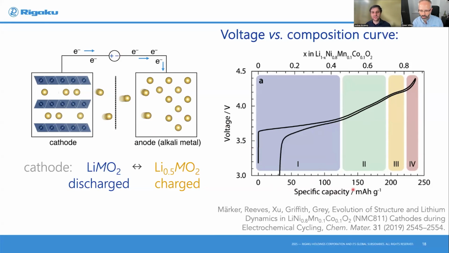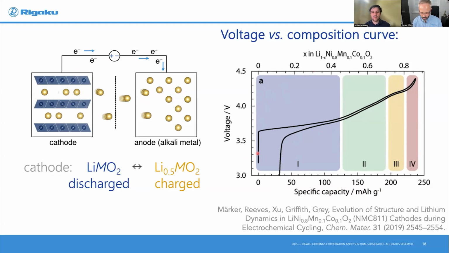So the x-axis of this plot is the specific capacity in milliamp hours per gram of your battery, and the y-axis is voltage. Now, note that the current flowing corresponds directly, one electron to one lithium ion moving through the battery. So we can correlate that specific capacity directly into a composition of our cathode.